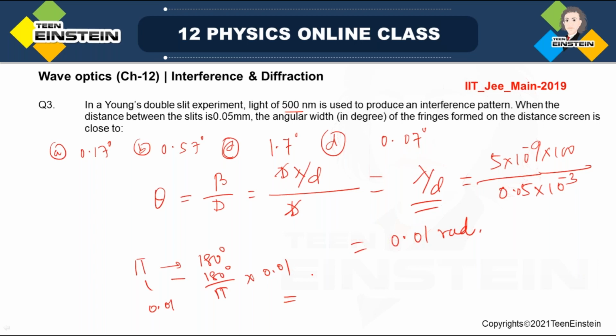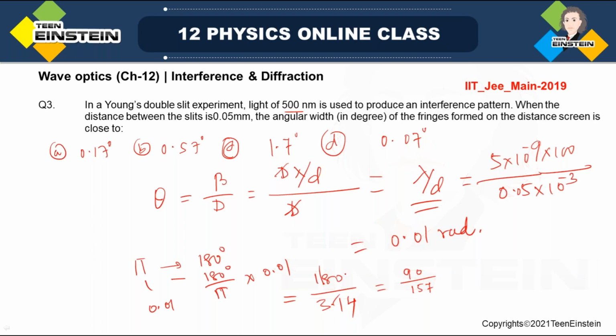So this will be 1.8 divided by 3.14, pi.